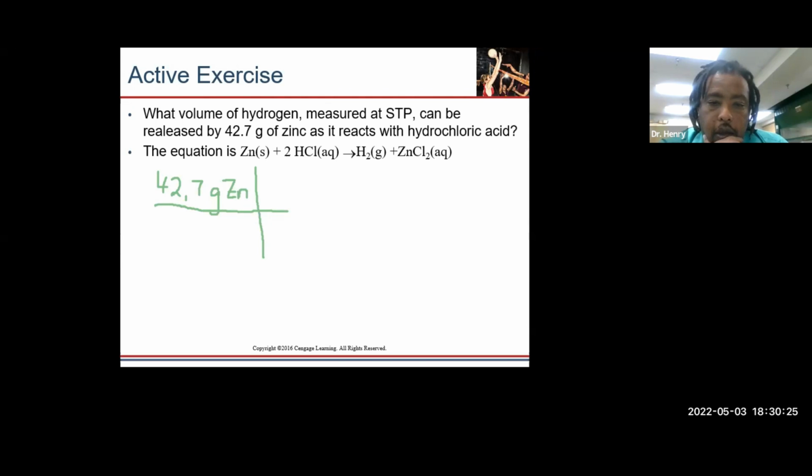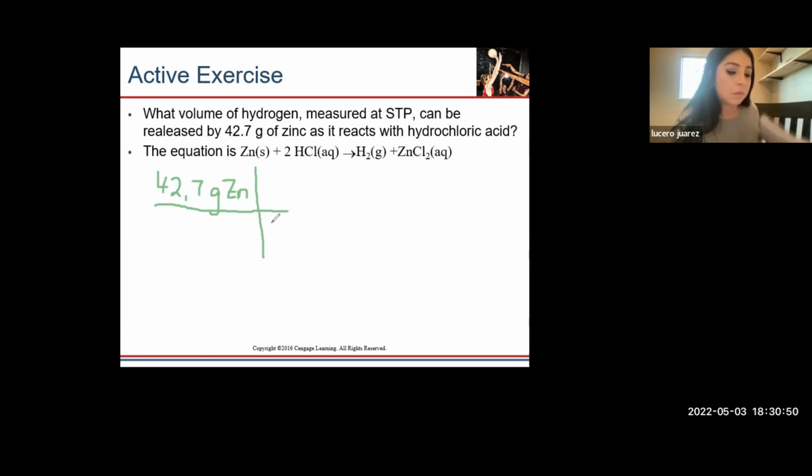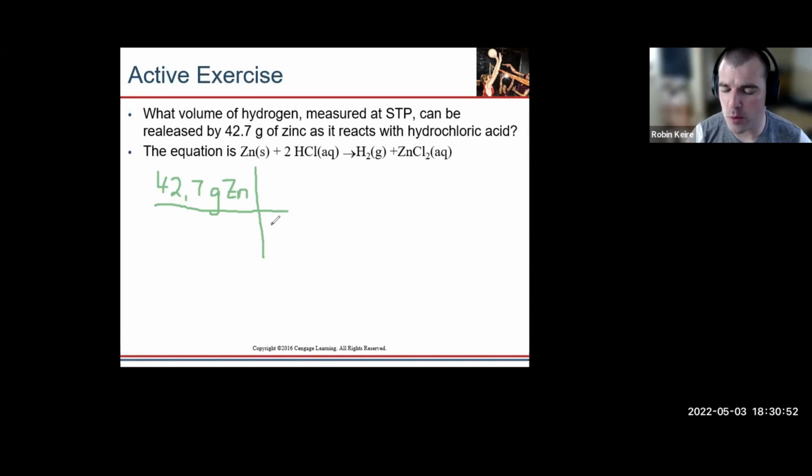So how can I convert zinc into moles? Zinc is 65.38 grams per mole.